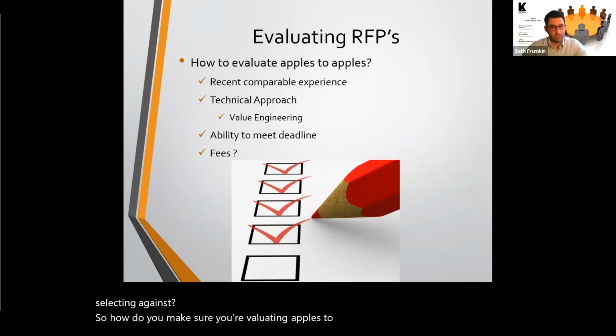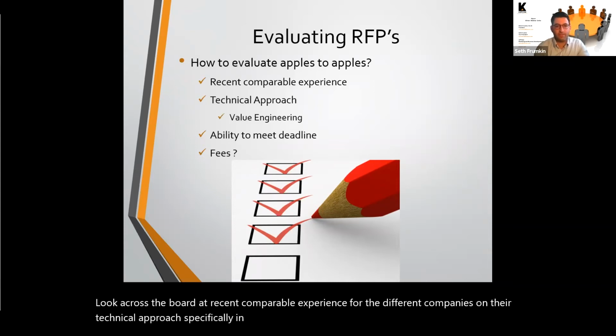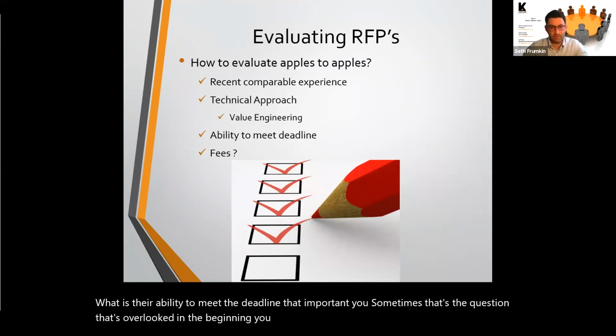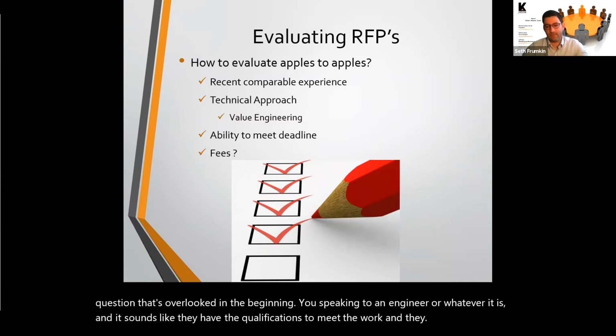You want to look across the board at recent comparable experience for the different companies, their technical approach, specifically in regards to value engineering. What is their ability to meet the deadline that is important to you? Sometimes that's a question that's overlooked in the beginning. You're speaking to an engineer or whoever it is, and it sounds like they have the qualifications to meet the work, and you like their approach.